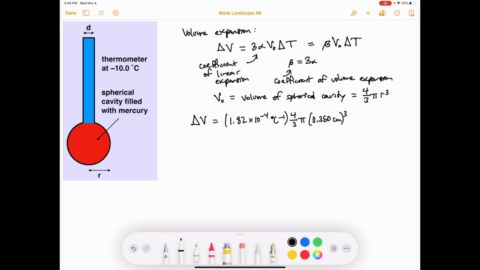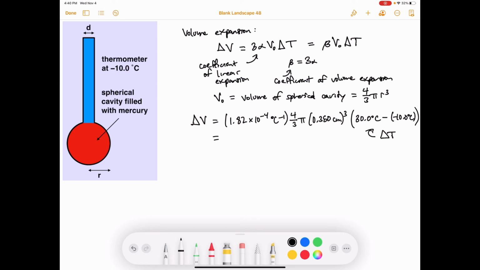And then we have delta T, which is the temperature change. So we end up at 30 degrees Celsius, but we start at negative 10 degrees Celsius. That's our delta T: 30 minus negative 10 degrees Celsius.